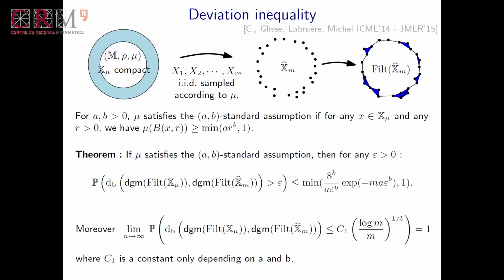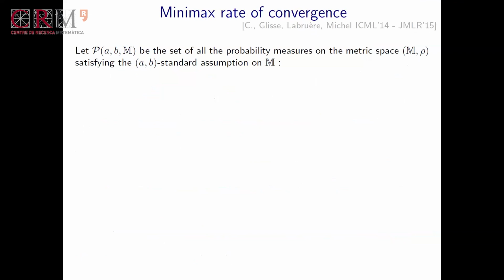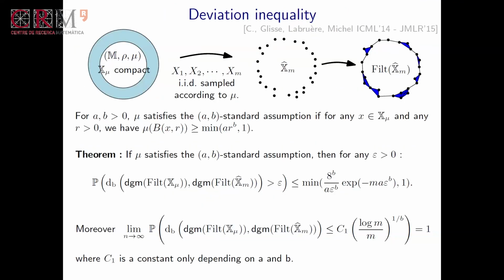And the way you prove it is a very classical way to prove this kind of inequality. I don't know if I plan to give you the proof, but no, in fact, I don't. But the idea to prove this kind of result in general is that you cover the support of your measure mu.